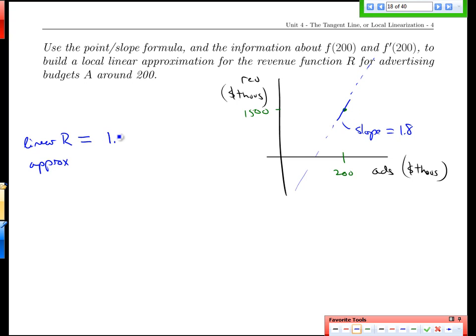Well, the slope is 1.8. Our input is usually called x, but here it's called capital A. Where are we based? We're based at A equals 200. What revenue do we get when we plug in A equals 200? We get 1,500. So this gives us the formula for this line. I get the graph of this line based on the slope and the single point, 200, 1,500, for advertising and revenue.